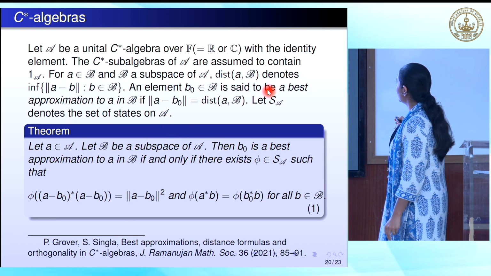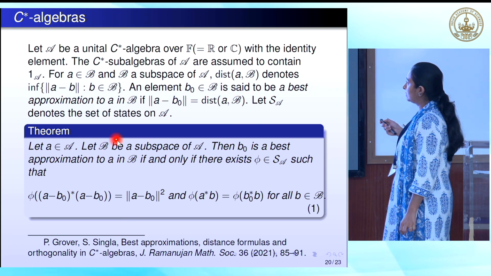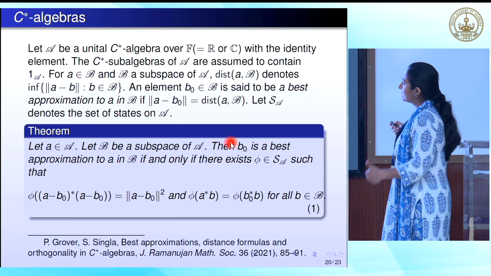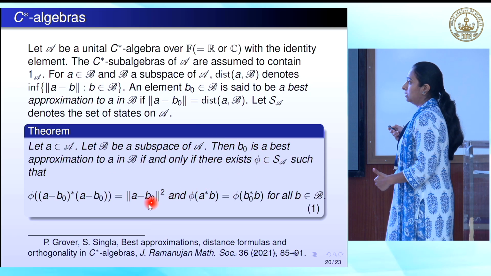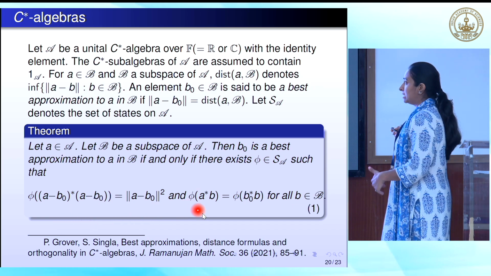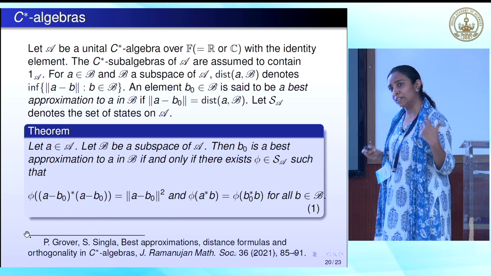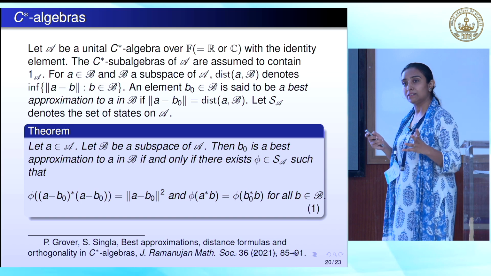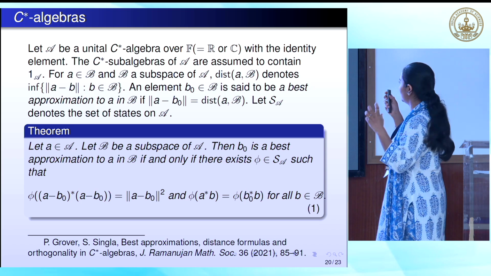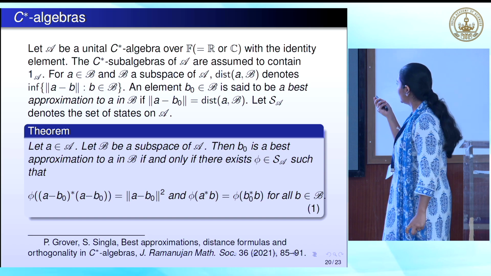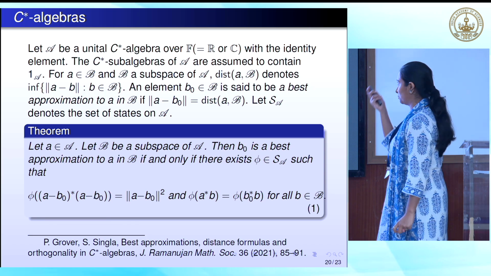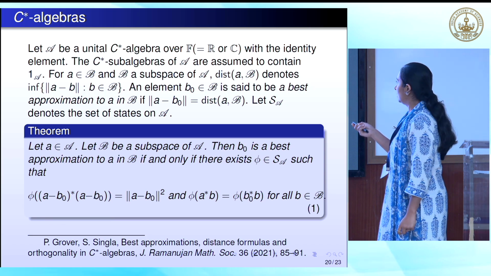Okay. Distance is this. Then if you have this set of states, I'll just take 1 minute. Slides are almost over. Then you can have a similar thing, a best approximation characterization in terms of the states. And in the next slide, you will see that it is something extremely similar to what we have just seen in matrices. Matrices are a specific finite dimensional C-star algebra. Block diagonals are C-star subalgebras.